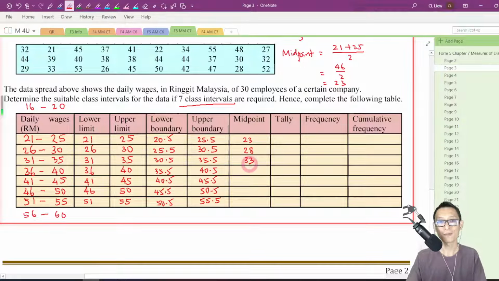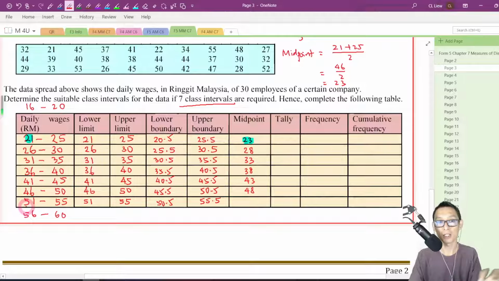Okay, so another way is this. As I told you just now, there are many ways to get the midpoint of a class interval. Another way is to observe this number and this number. What do you notice here? You notice that 21 plus 2, 26 plus 2, and once we see the trend, we can do the same thing for the rest. 36 plus 2, 38. 41 plus 2, 43. 46 plus 2, 48.